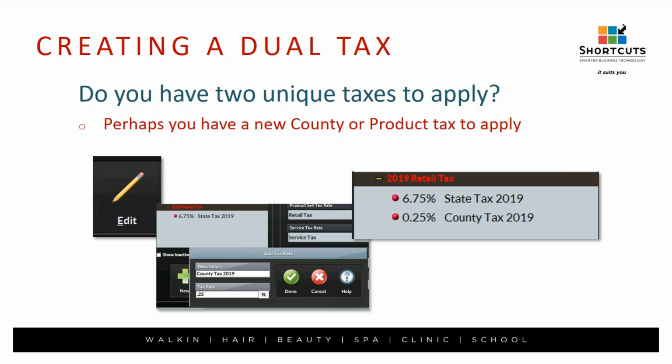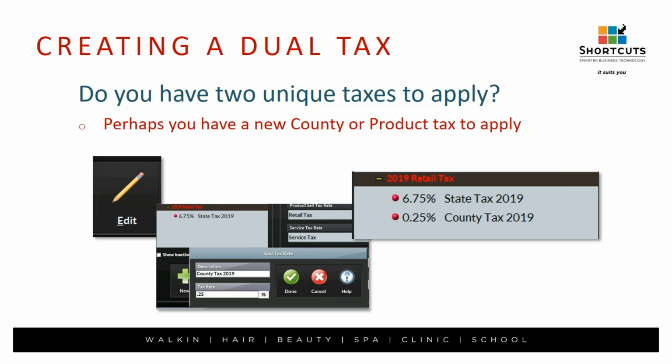In this case, perhaps we have a tax, and this was a call that we had recently. In their county, if you have a business that sells alcohol, including barbershops, salons, and spas, you now have to apply a new tax to any alcoholic beverage. So normally retail would be 6.75%, but now if you have an alcoholic product sale, it's 6.75% plus 0.25%.